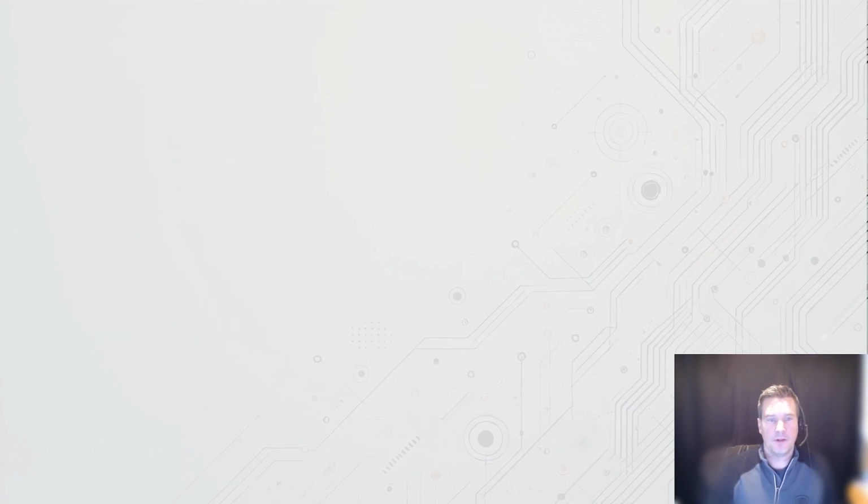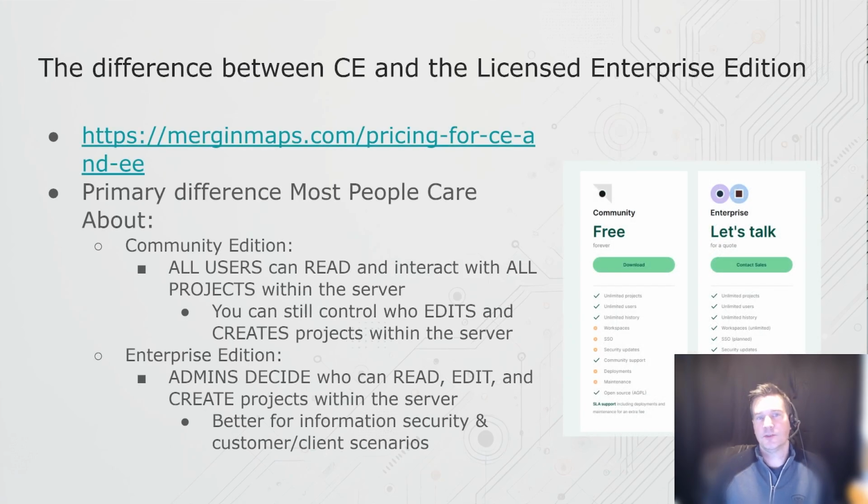With all that being said, the difference between the Community Edition and the Licensed Enterprise Edition is, number one, it's money. You pay for the Enterprise Edition, but you get a lot of extra things with that. The biggest difference that I have noticed is that in the Community Edition, if you are in the system, you can read and interact with all of the projects or maps within it.